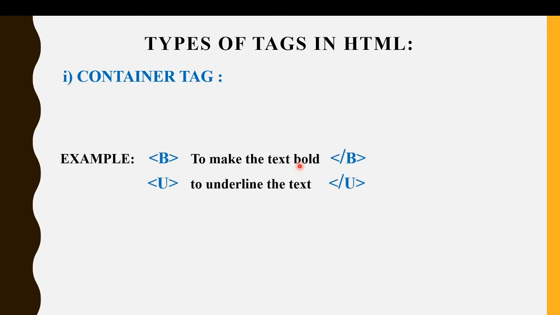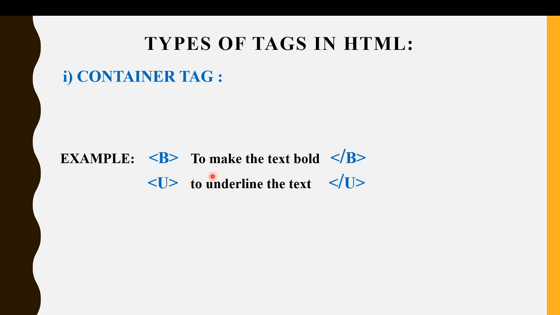Now let us go through some of the tags in HTML. First is container tag. Now what is a container tag? You can see in the example here, suppose if you want to make any of the text bold, we have to use a B tag here, and if you want to make any of the text underline, you have to use a U tag.